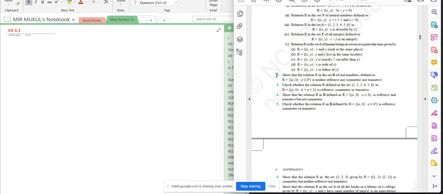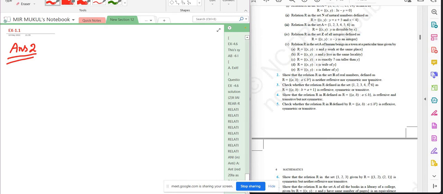Now we'll do question number 2. So exercise 1.1, question 2. Show that the relation R in the set R of real numbers, defined as R equals (a, b) such that a is less than or equal to b square, is neither reflexive nor symmetric nor transitive.